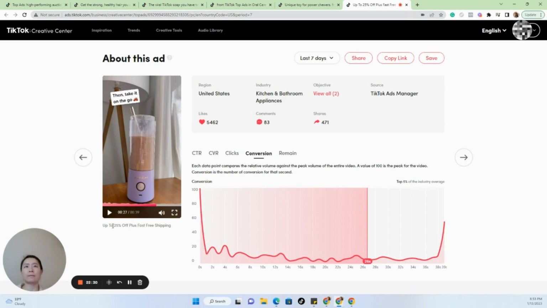And second, if the AOV or the product is less than, let's say, $30 or $40 even, I do think you can go directly to the benefits straight away and not really have to follow the traditional problem, agitation, solution, and product intro type of videos. You can just go straight into benefits. And that's exactly what they did here. So overall, a very clean, very great ad that is bringing a lot of conversions for the product.